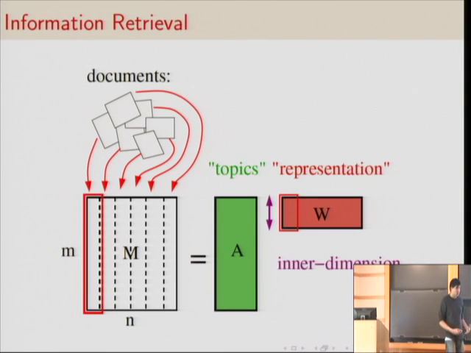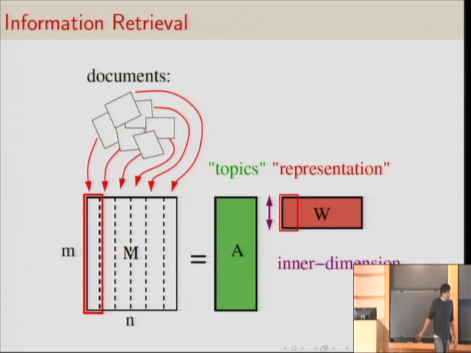So what's interesting here is we have this large collection of disorganized documents, and finding a small inner dimension non-negative matrix factorization is akin to trying to explain these documents using a small number of topics, which then you can hope to do things like clustering based on the representation.